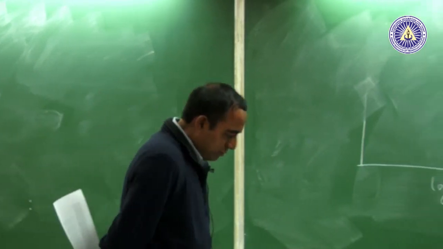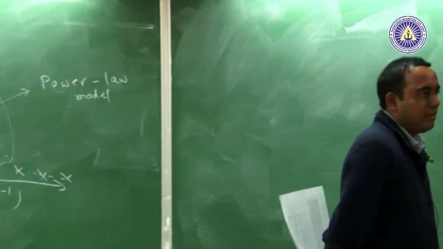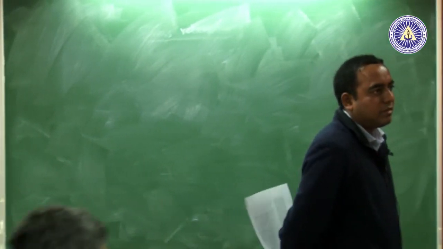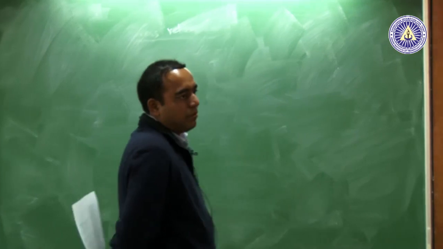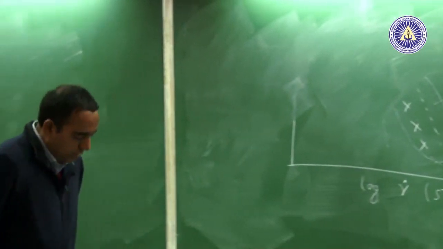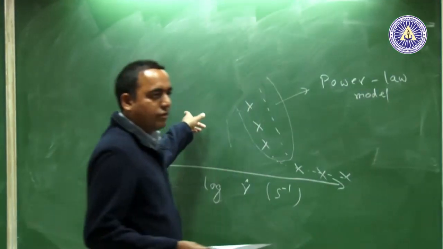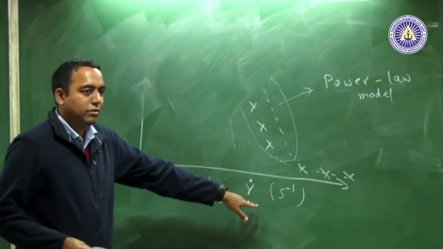See, tau 1 2 does not have the problem of pressure and tau coupling that I talked about, because pressure does not even appear in tau 1 2. Pressure is only contributing in the normal stresses. So, for tau 1 2 you just take the value of tau 1 2 divided by the gamma dot, and then you get a value of the viscosity, and then you plot the viscosity with gamma dot.